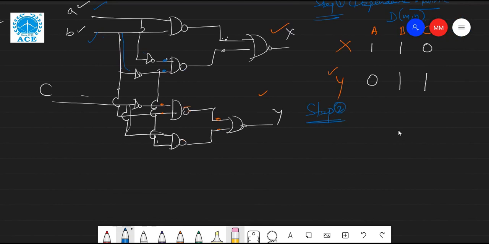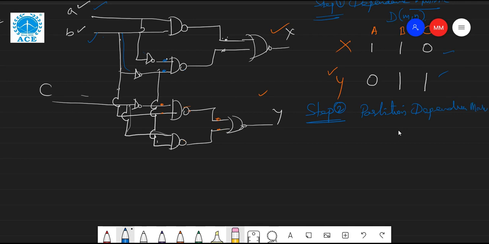Now step 2, generally we will take the partition. Whatever the table we have above, we need to partition this. So I can name it partition dependence matrix.